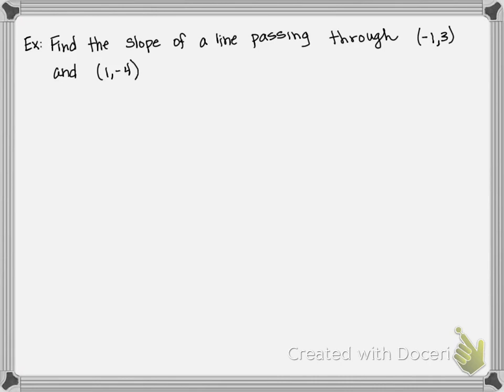So again, we're just going to use that formula. So m is equal to, so I'll just choose the second one written to be my second point and the first one written to be my first point.